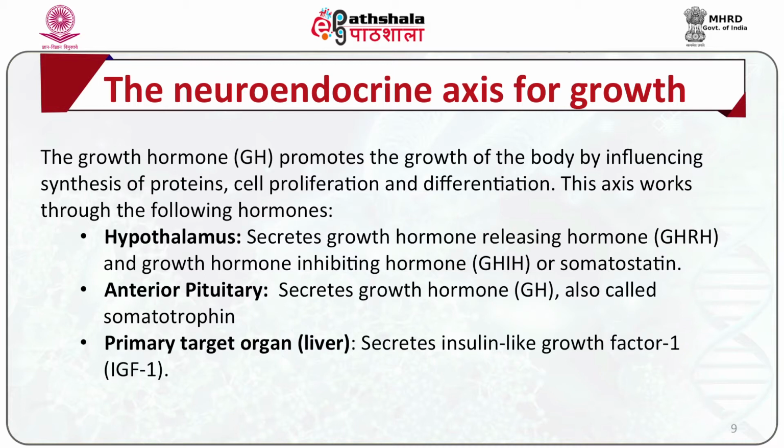This axis is involved in regulating the growth of the organisms and works through the following hormones: hypothalamus, which secretes the growth hormone releasing hormone and growth hormone inhibiting hormone or somatostatin; anterior pituitary, which secretes growth hormone, which is also called somatotropin; and the primary target organ, that is the liver, which secretes the insulin like growth factor 1 or IGF-1.